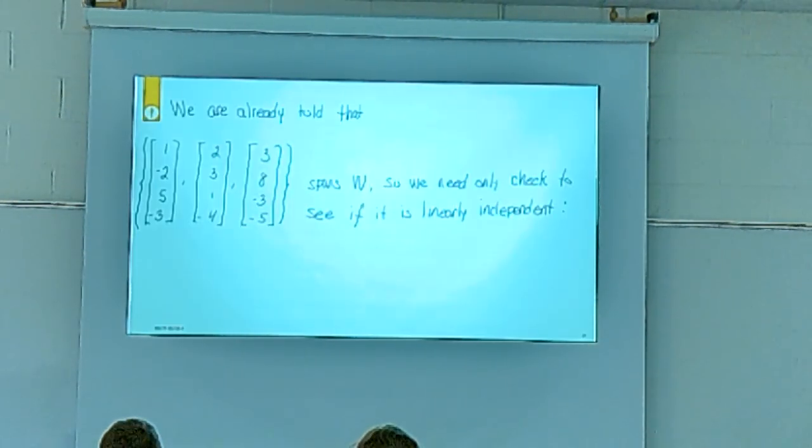Which matrix? Each column is what? Is a vector, right? So let's make the first column 1, -2, 5, -3.